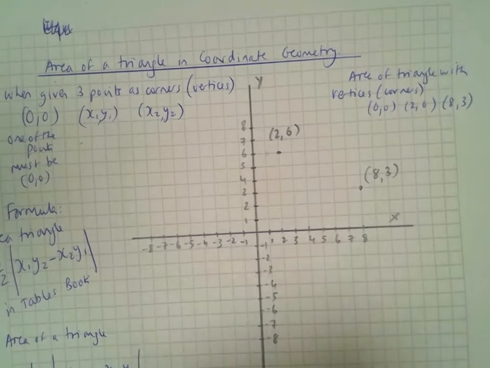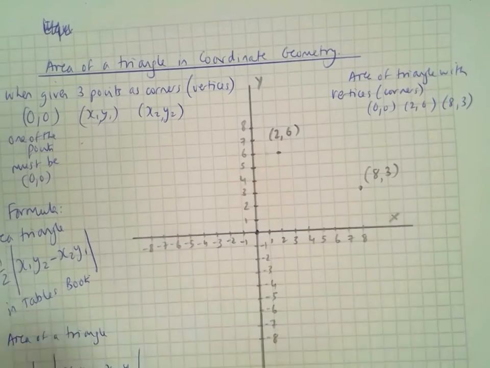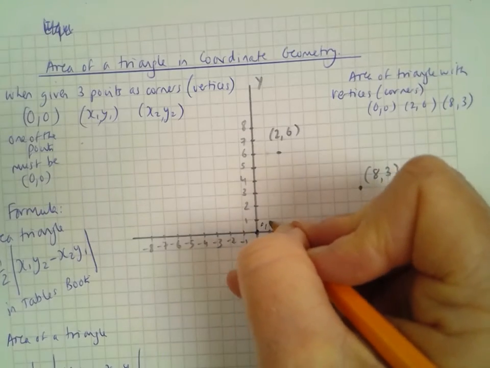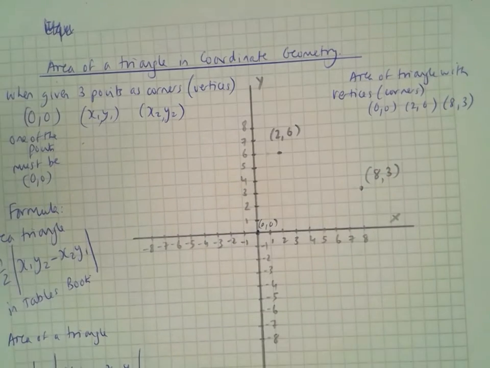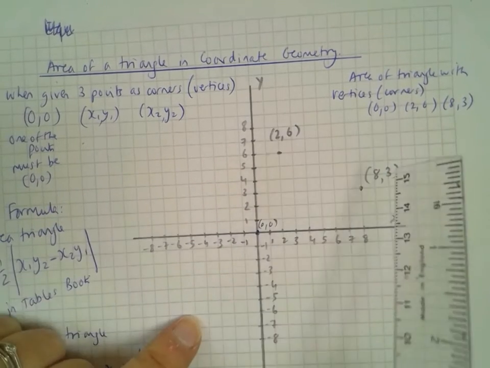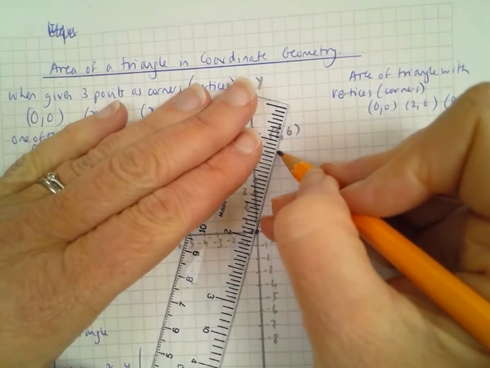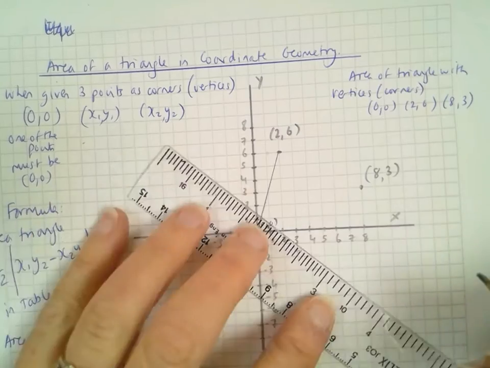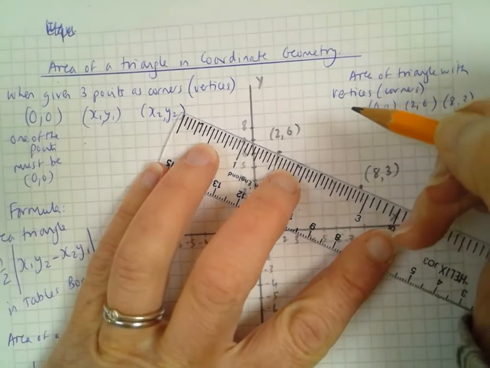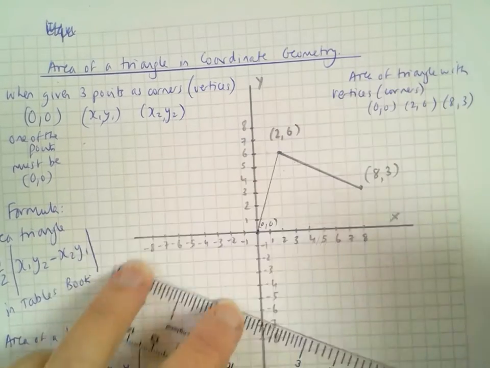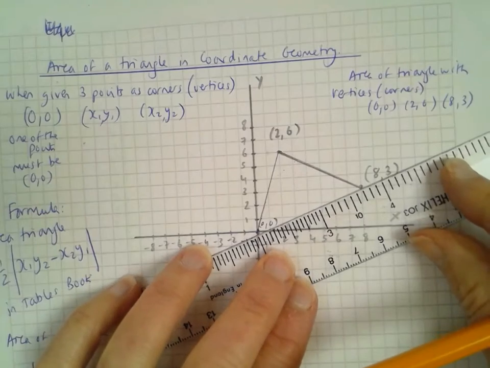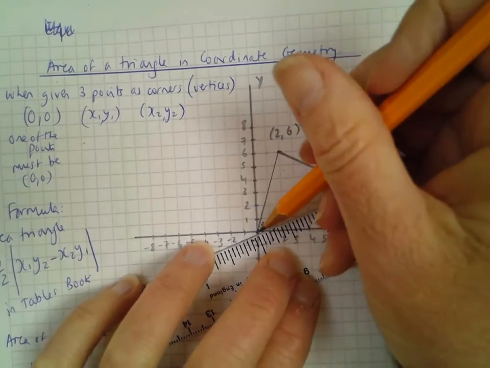So here's 0, 0. There's 2, 6, and there's 8, 3. I've plotted these already. Let's just join them up to make the triangle. So there's our triangle.